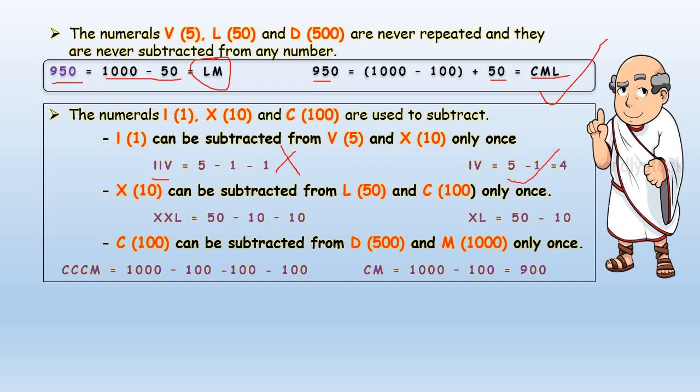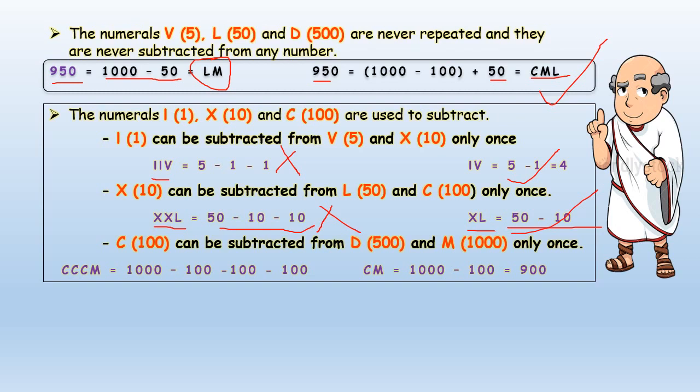IV, that is 5 minus 1, is equal to 4. Now the second one: X, that is 10, can be subtracted from L, that is 50, and C, that is 100, only once. Again children, if I write XXL, that is 50 minus 10 minus 10, it is wrong. We have to write XL, that is 50 minus 10, which is equal to 40. This is the correct way.